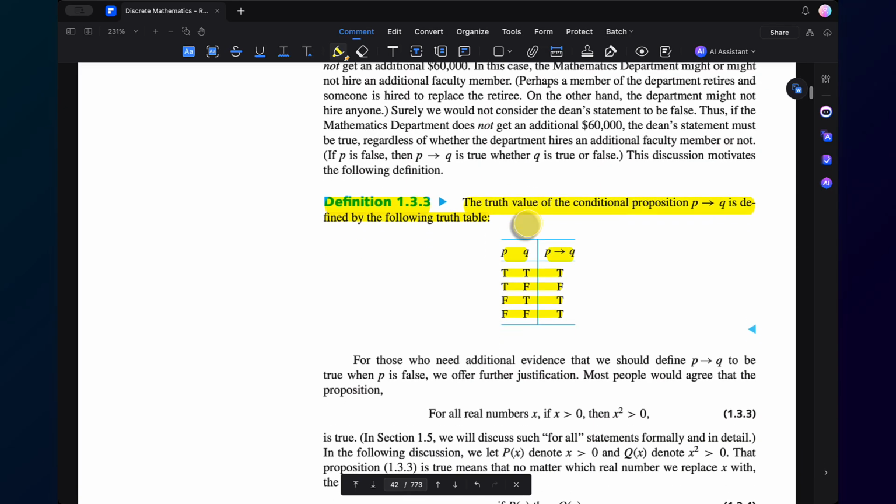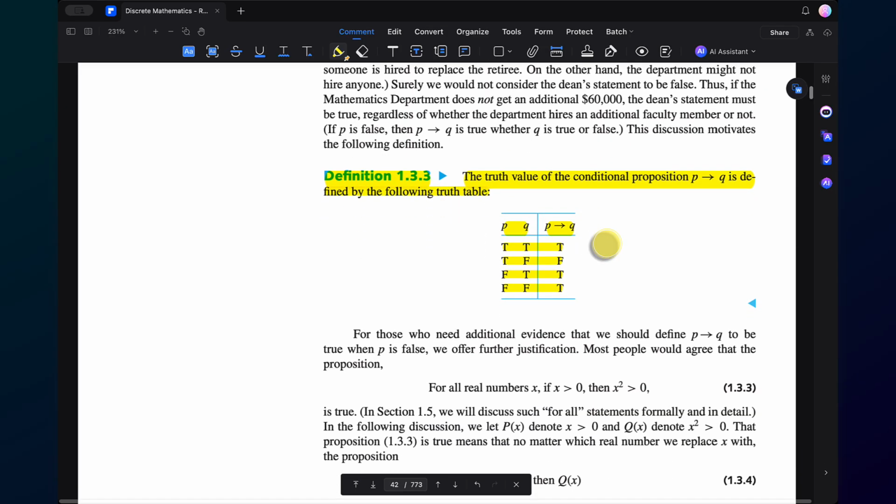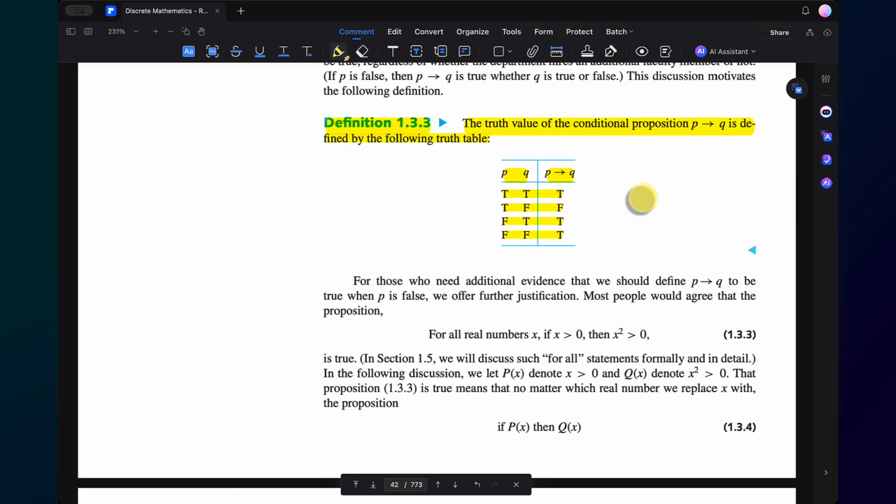Based upon that little discussion, that's how we interpret the truth values of the conditional proposition. So P implies Q is defined by the following truth table. Notice here that if P and Q are both true, then that statement is true.